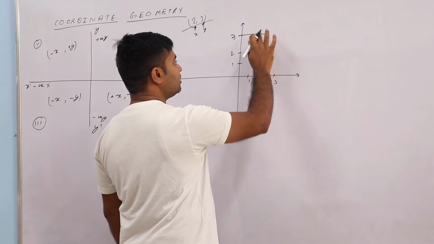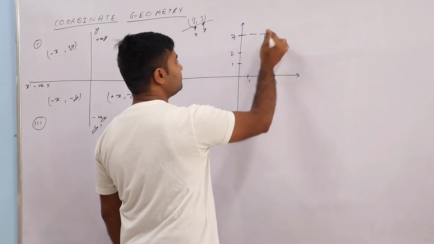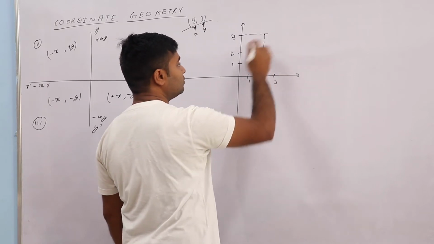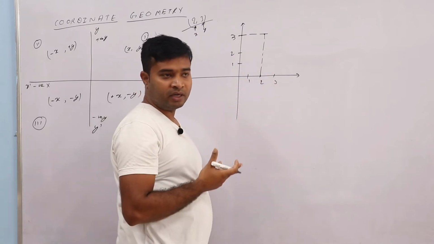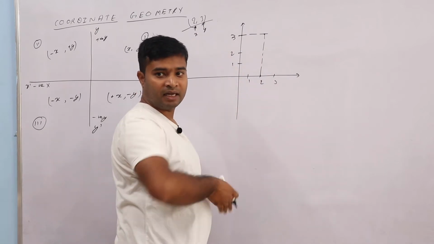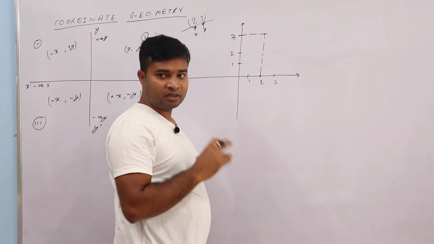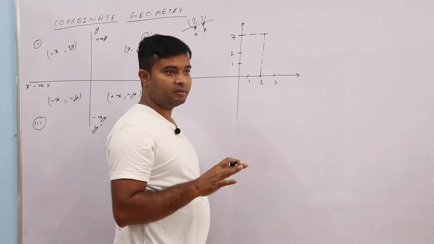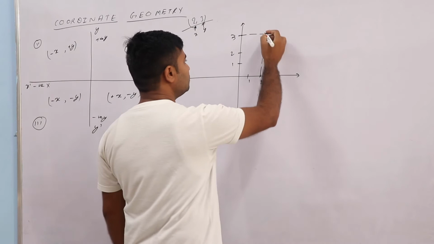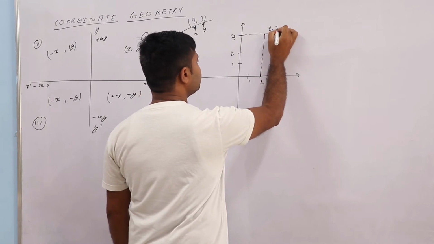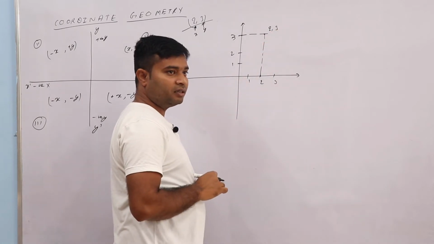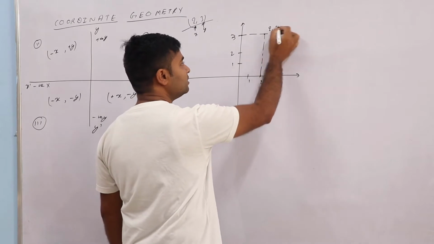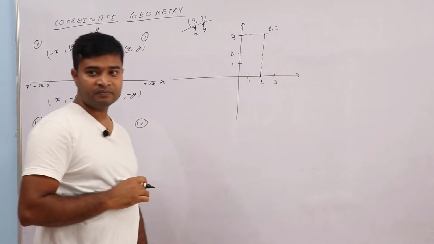You can draw a straight line or a dotted line, it doesn't matter. No, sometimes it does matter, when to draw the full combined line or just a dotted line has different meaning. So this is how to represent the point 2 comma 3.